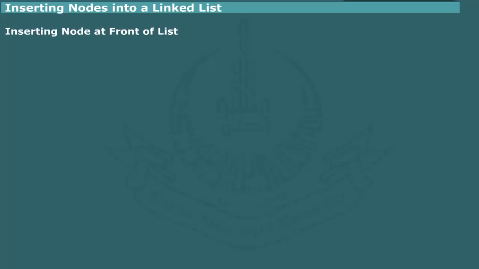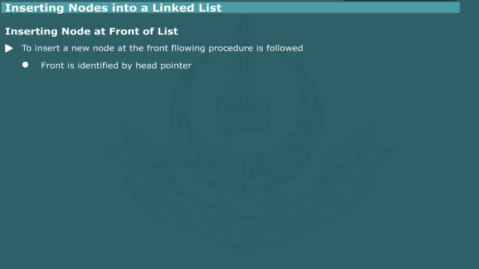Inserting node at front of list. In order to add a node at the front of a list, we create a new node and set its link pointer to point to the pre-existing first node. The front is normally identified by the head pointer.